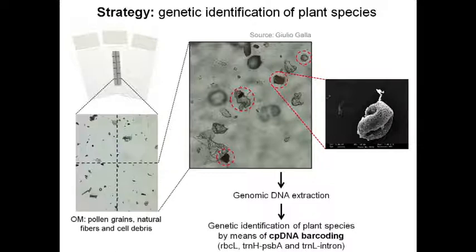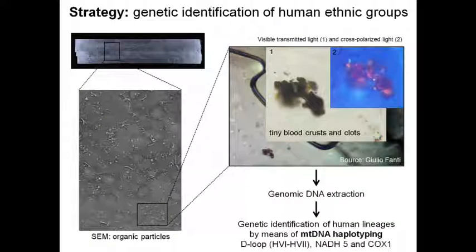After isolation of genomic DNA from pollen grains, natural fibers, and cell debris, the genetic identification of plant species was carried out by chloroplast DNA barcoding, by exploiting those three barcodes I was mentioning. Here you find them between brackets. Similarly, for human DNA specimens, we isolated genomic DNA after purification from organic particles, including thin blood crusts or clots.